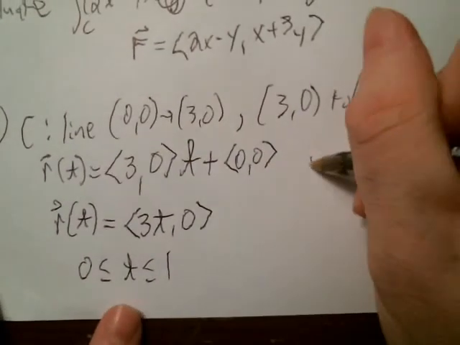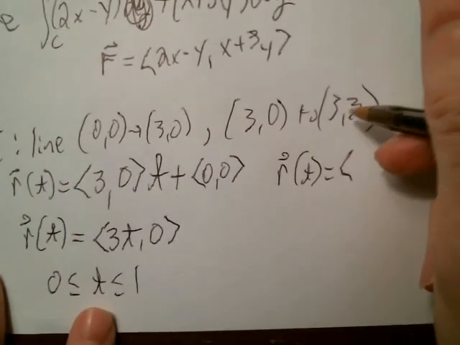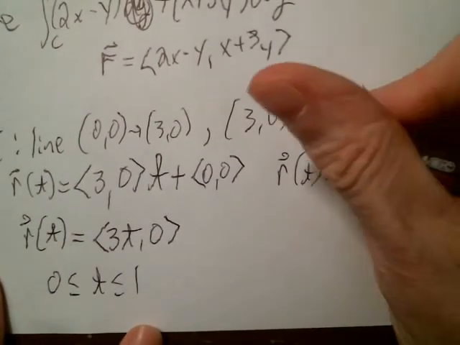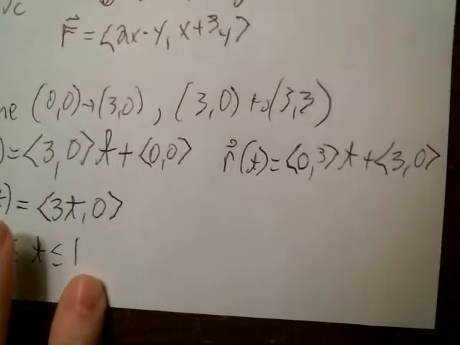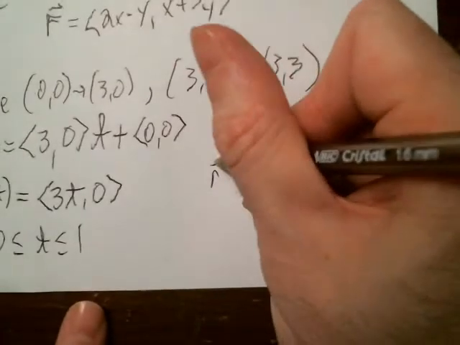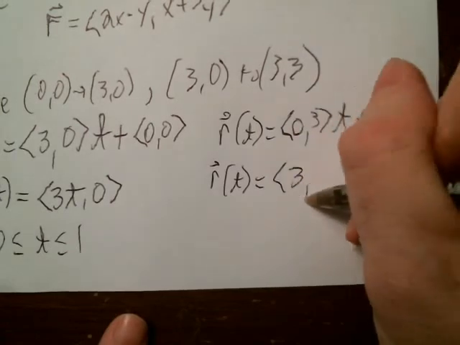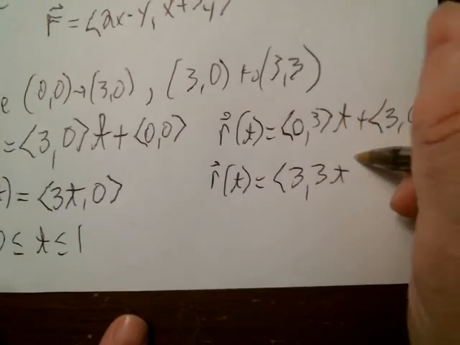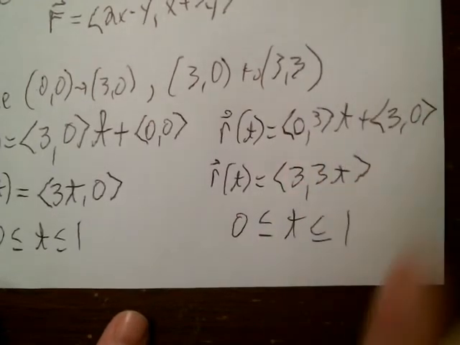And then the second equation, R2 of t, is going to be 3 minus 3 is 0, and then 3 minus 0 is 3, times t, plus 3, 0, the starting place. Simplifying, R2 of t will be 3, and then 3t. Again, I'll vary my parameter from 0 to 1.